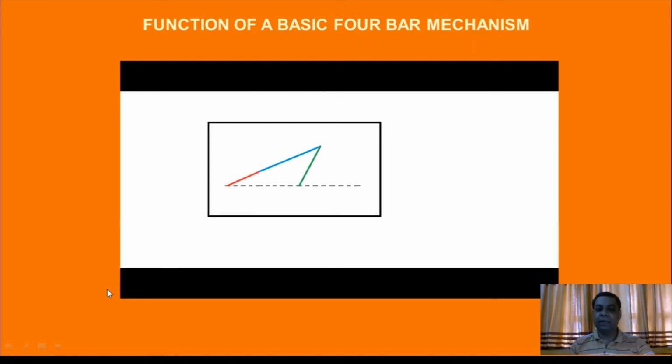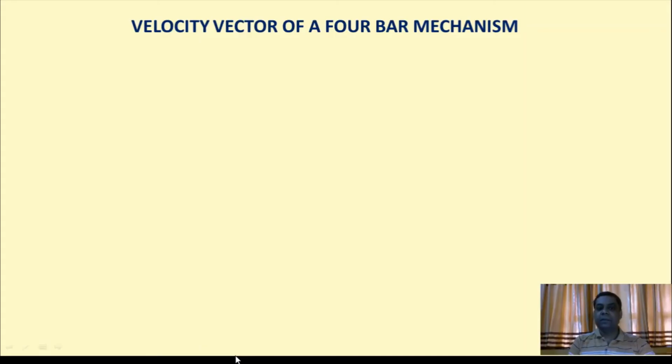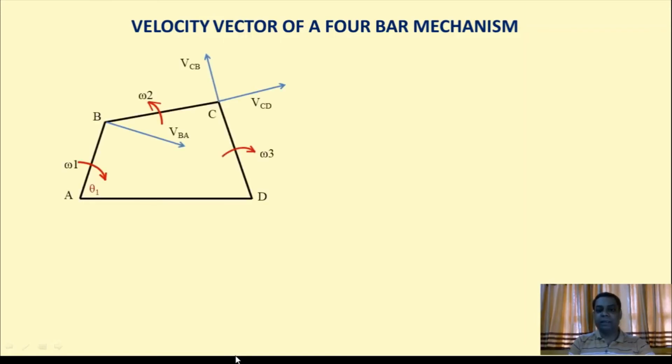Over here all the links are connected, and all are moving except the first link, that is the horizontal link. If you are going to analyze the velocity vector of a 4-bar mechanism, then we see that AB, the first one, which is called the crank, is turning in the clockwise direction with omega 1 angular velocity.